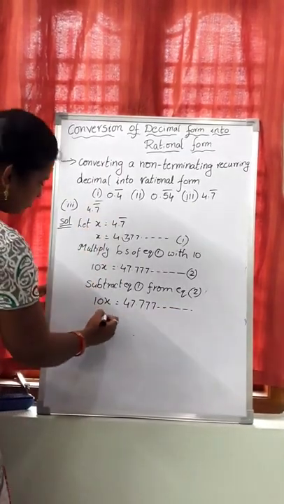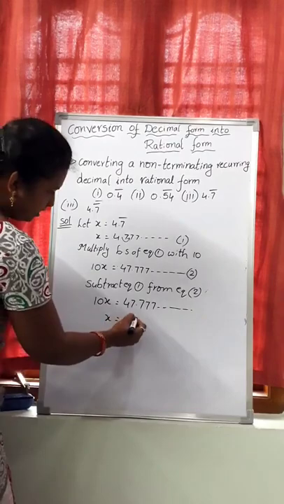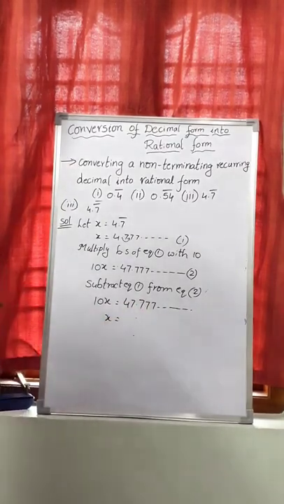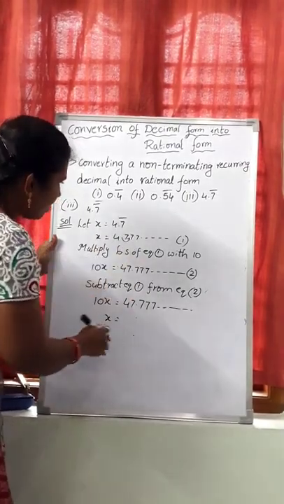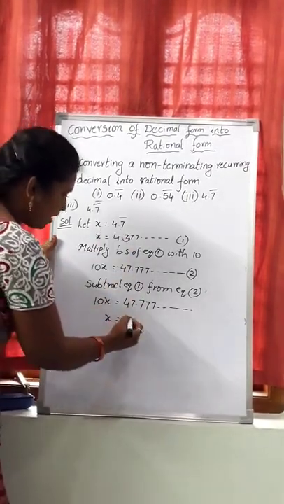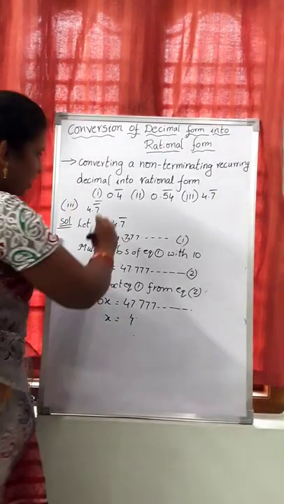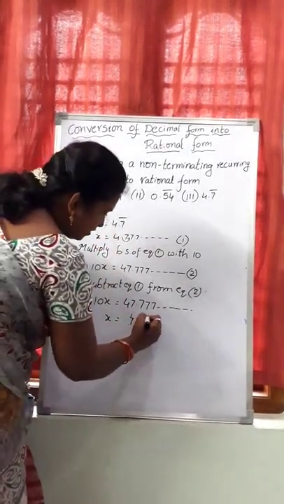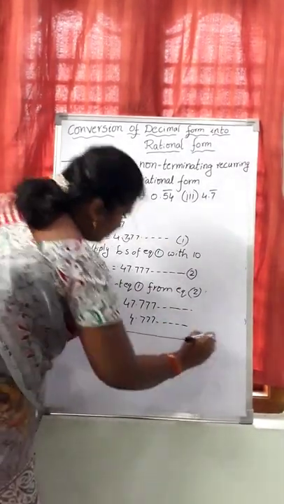Now take the first equation also. x is equal to, here I am keeping the decimal point below the decimal point, and also I am writing the whole number part. So here the whole number part is 4. Write the whole number part below the whole number part, and the decimal part below the decimal part.